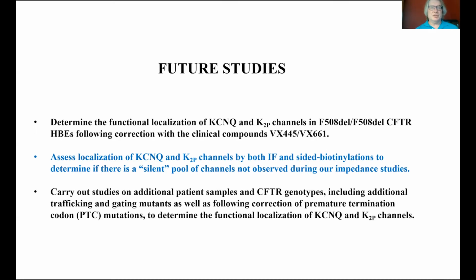We'd also like to assess the localization of these channels by both IF and surface biotinylation to determine if there's actually a silent pool of channels that are not being activated during our impedance studies, consistent with what other labs have reported with their IF data. Of course, we'd also like to carry out studies on additional patient samples and CFTR genotypes, including additional trafficking and gating mutations, as well as following correction of premature termination codon mutations to determine the functional localization of the KCNQ and K2P channels.